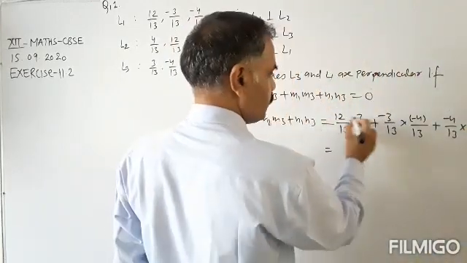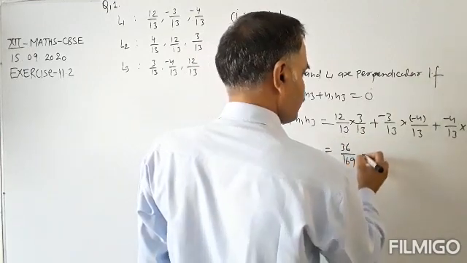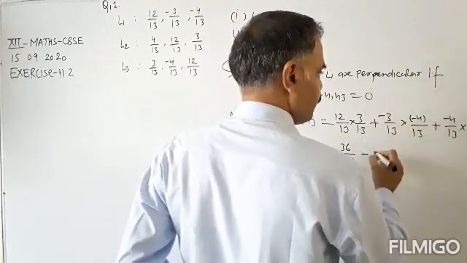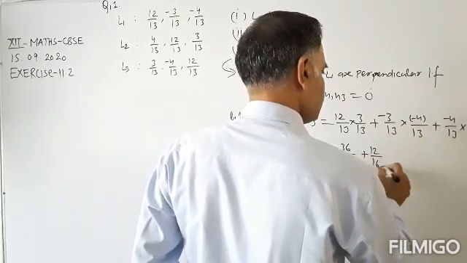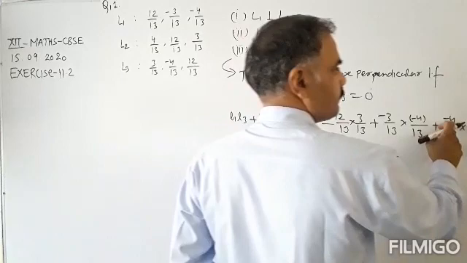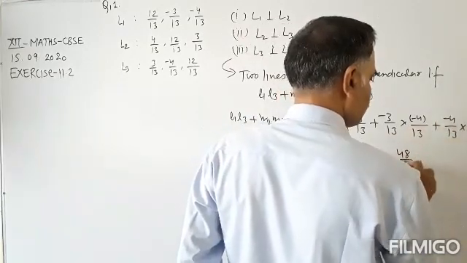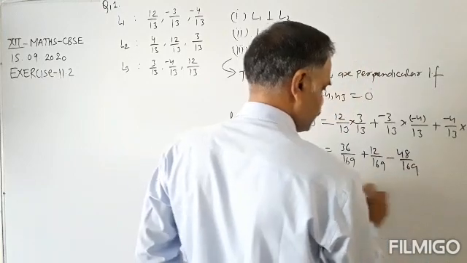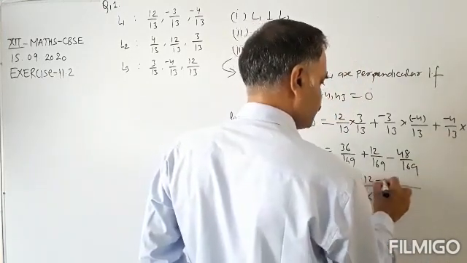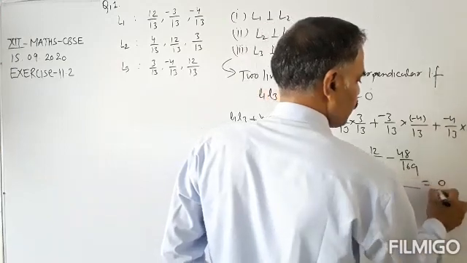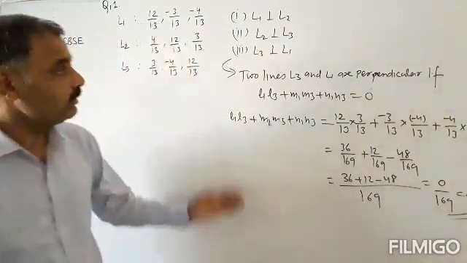So this is equal to 36/169 plus 12/169 minus 48/169. Taking 169 as the LCM, we have 36 plus 12 minus 48, that is 0/169, equals 0.